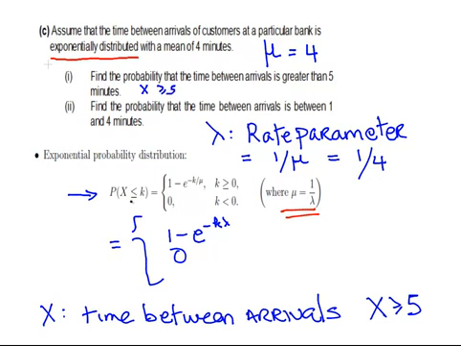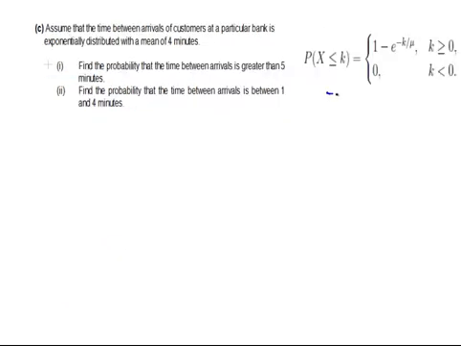Now we can use this formula here, probability of x less than or equal to k, and just find the complement of that. So the probability of x less than or equal to 5, let's just work that one out first. We're going to use the top formula here, as long as k is greater than or equal to 0. It's 5, so we can use that one.